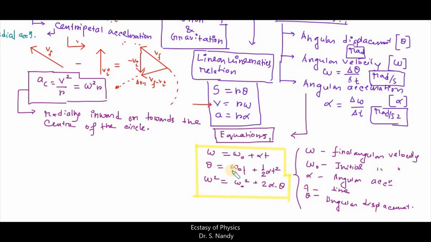Then angular displacement theta equal to omega naught into t plus half alpha t square, and omega square equal to omega naught square plus twice alpha times theta, where theta is the angular displacement. After combining, we get this equation.